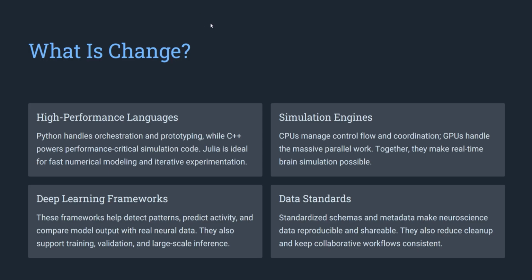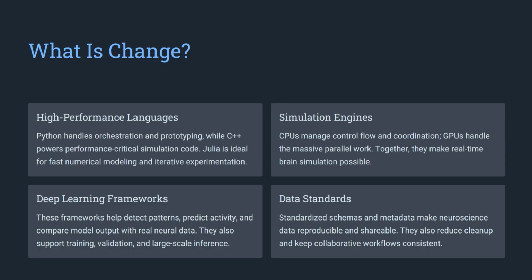So what has changed? First, high performance languages like Python and C++, and some other languages we will talk about. The second thing is simulation engines and smart distribution, where the CPU organizes the workflow and the GPU handles the massive computational work.